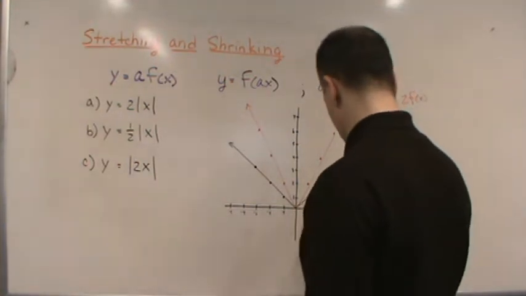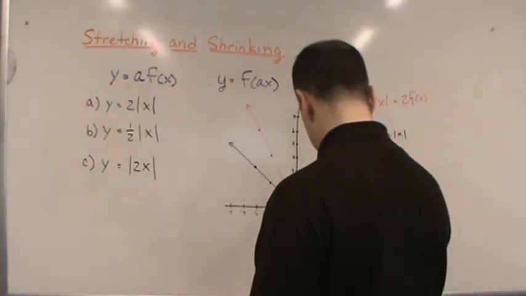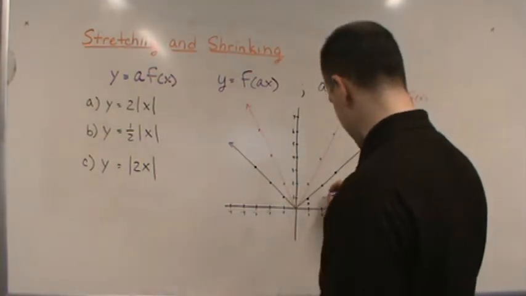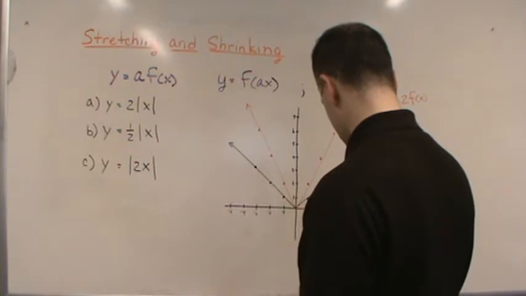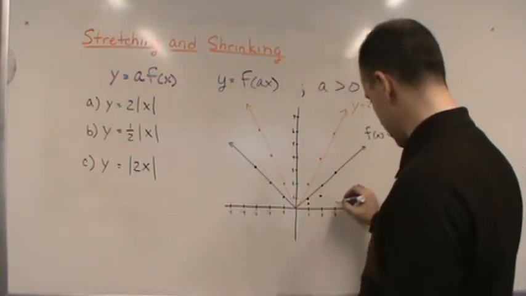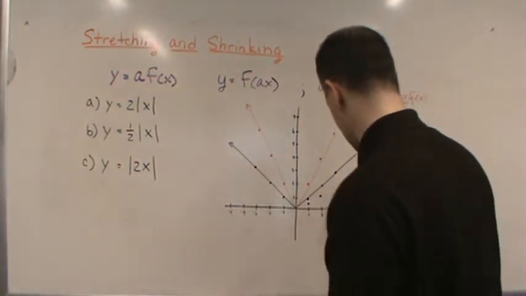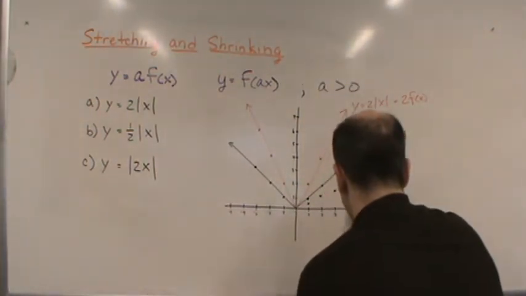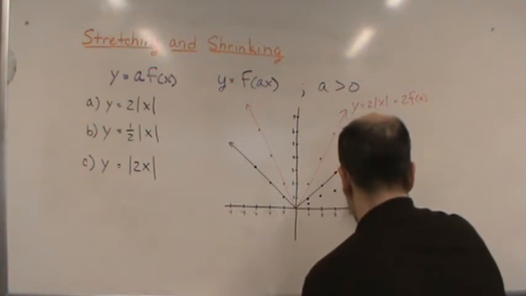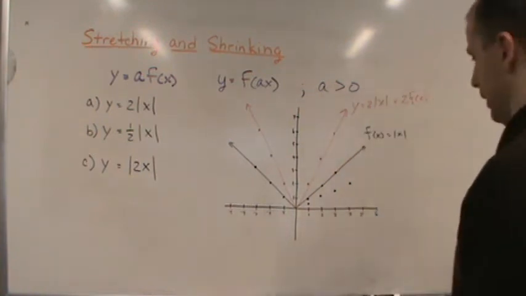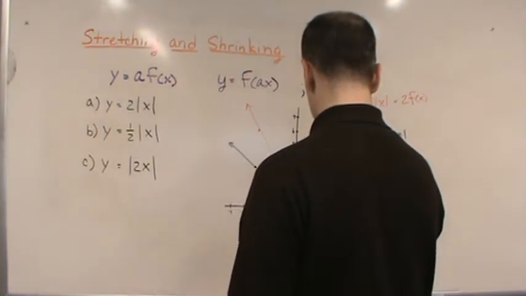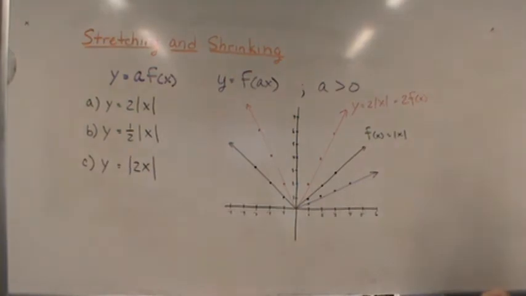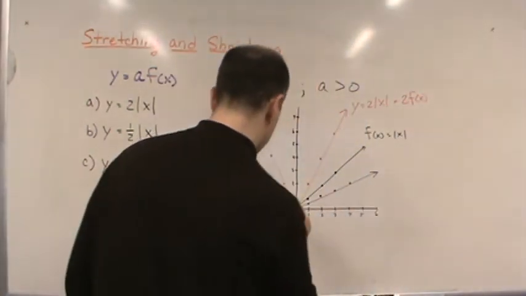So this is going to be 1, and a half. Then 2 is going to go to 1, so 2, comma 1. And then 3 is going to go to 1 and a half. And then 4 is going to go to 2, and so on. And so I'm going to get something that looks like that. And of course, I'm going to get the same thing over on this side.